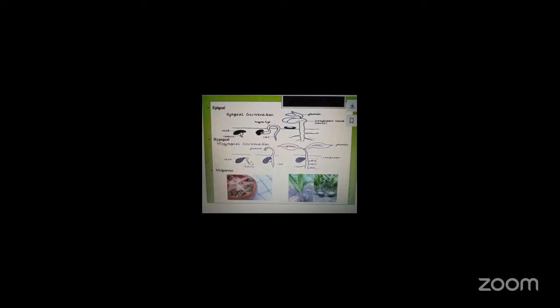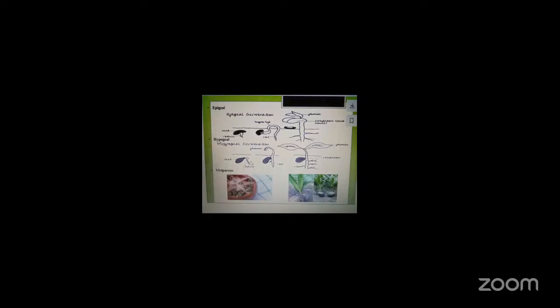During the germination process, some external and internal factors affect germination. The external factors are water, air, temperature, and light intensity.